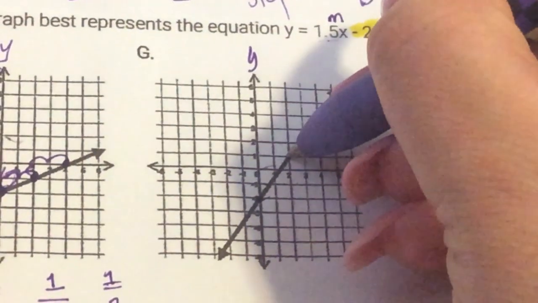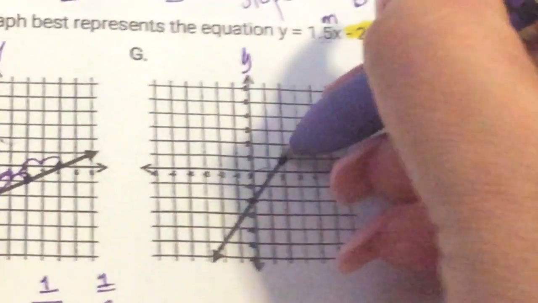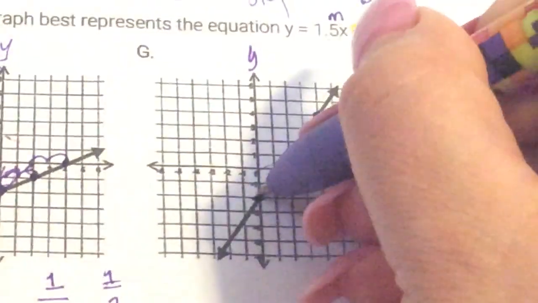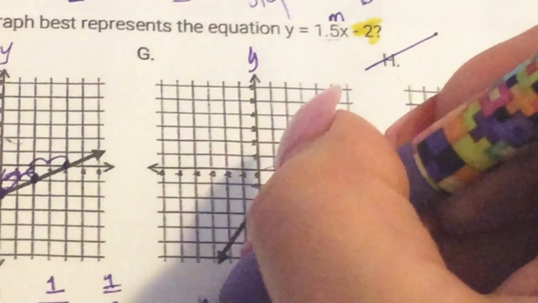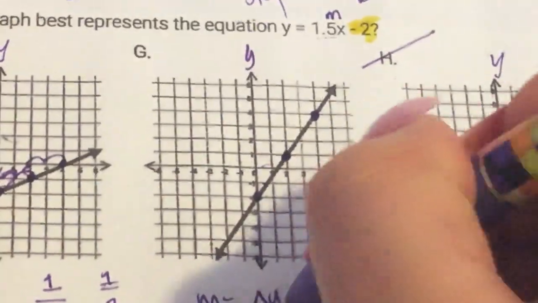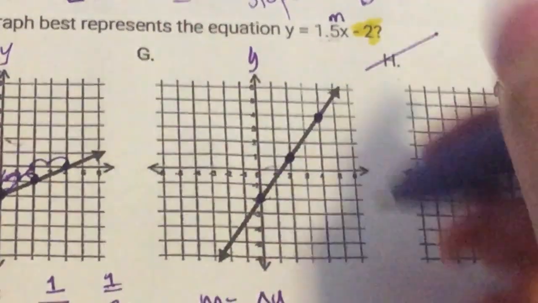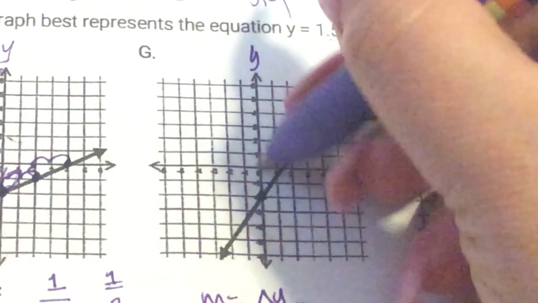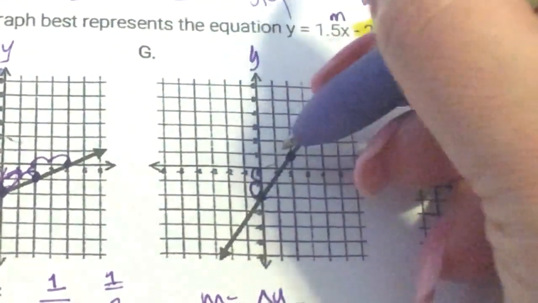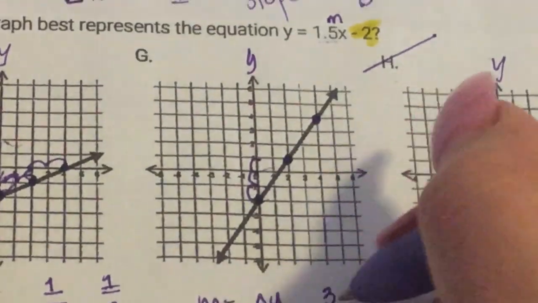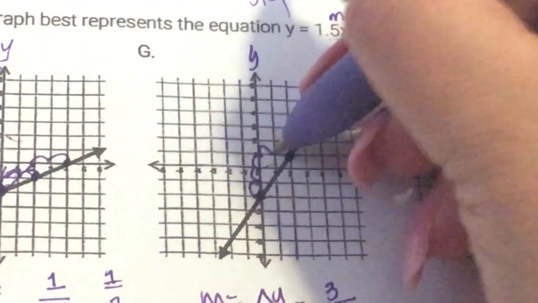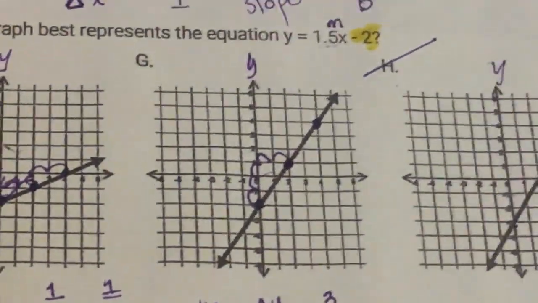I now have this ordered pair, this ordered pair, and this ordered pair, and I know I have to find m, delta y over delta x. From this point to this point, how many units do I need to move vertically? I go 1, 2, and 3, divided by 2 units that I have to move to the side, 1, 2. So 3 divided by 2.